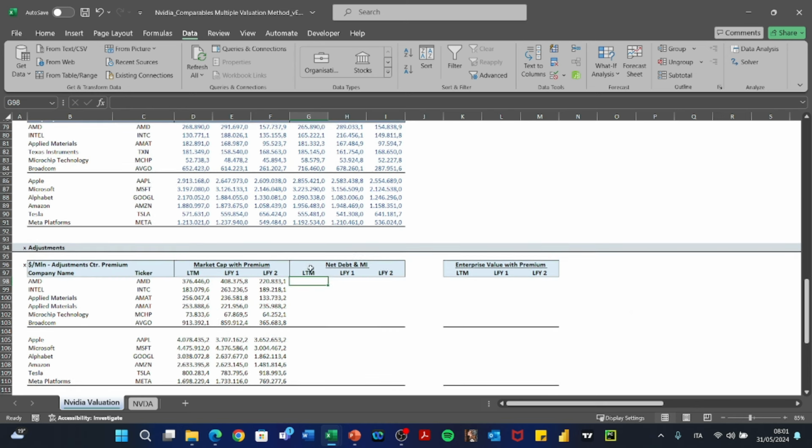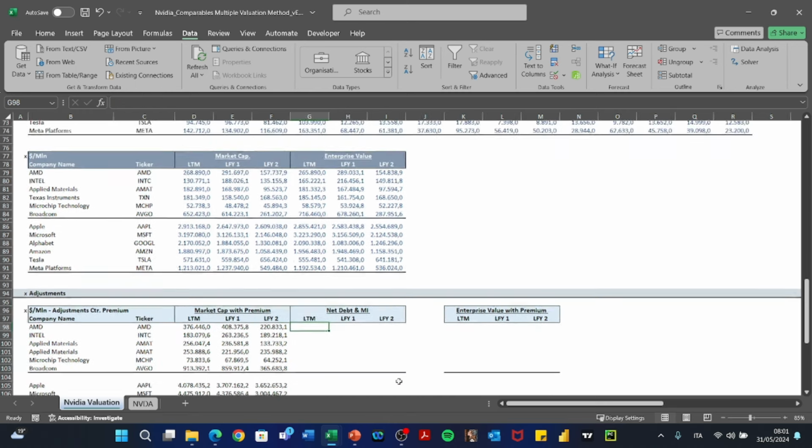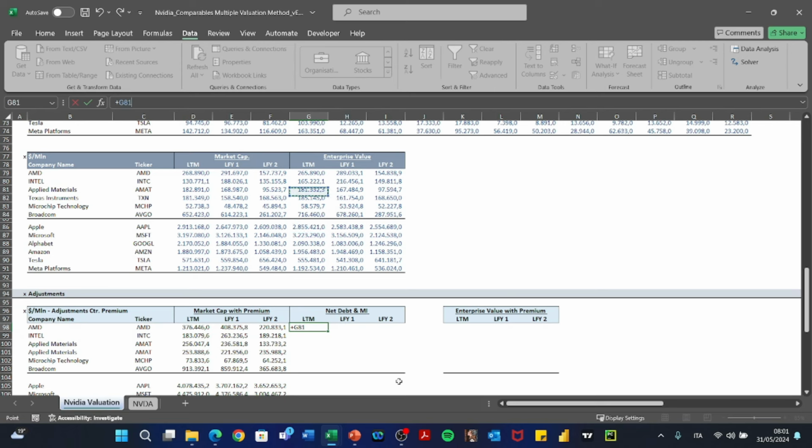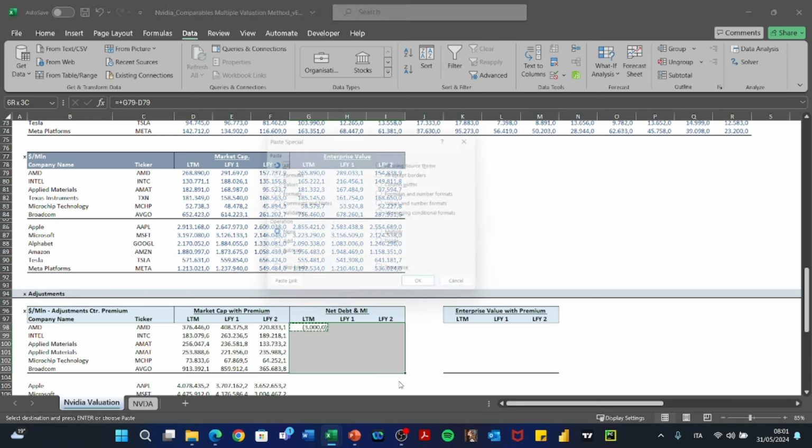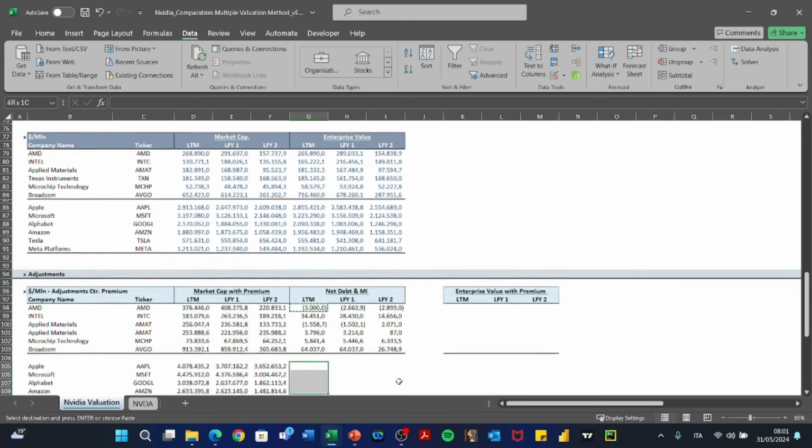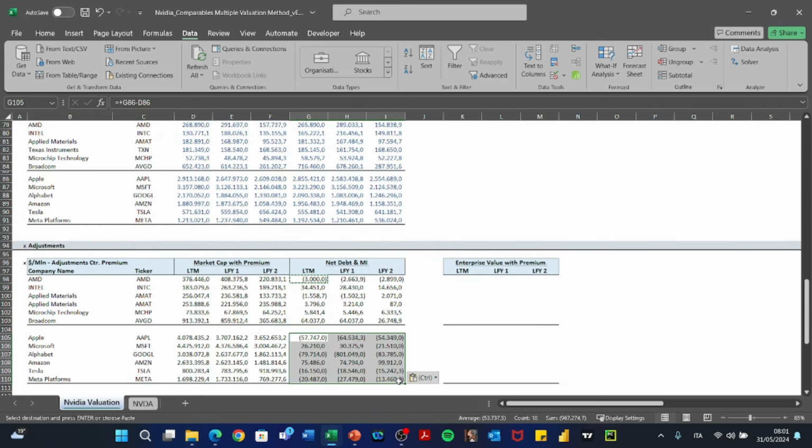Okay, so in terms of the debt, minorities and non-controlling interest, and preferred stock, let's just make it easy. Because obviously, as you know, the enterprise value is equal to the market cap plus the debt plus minorities plus the preferred stock.